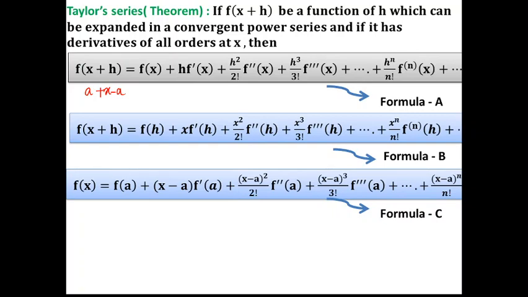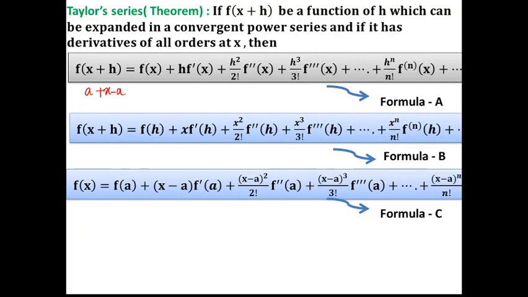Now, in problems based on Taylor's theorem, you are asked to find the expansion of a given function, and this expansion will be in the powers of x, or h, or x minus A, and accordingly we will have to choose the form.